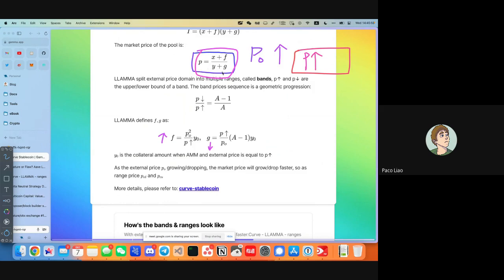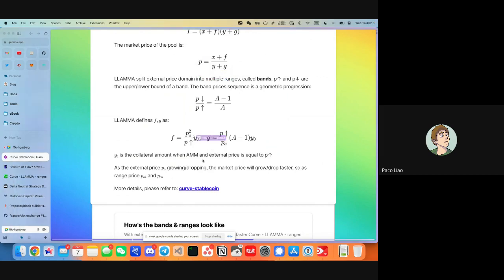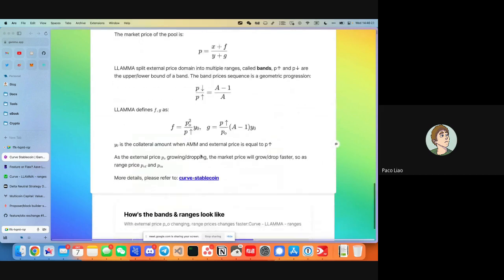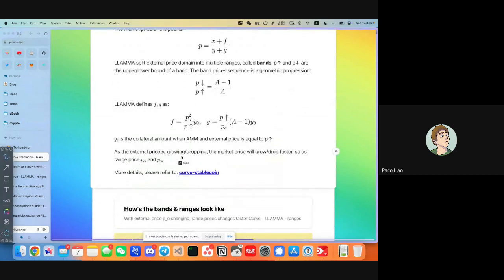So you don't need to rebalance, remove, or re-add your liquidity like in Uniswap v3. You don't need to do anything. The AMM price will automatically change with external price. This also applies to the range price, as we mentioned, PCD and PCU. The range price also grows and drops at a faster speed.